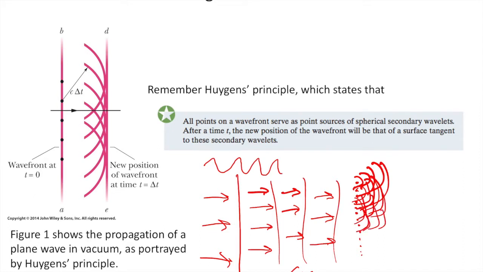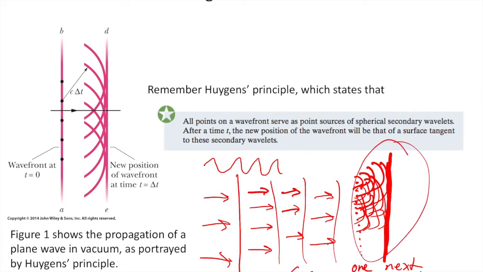And so you can basically integrate all of these circles and add together what's going on, and then you could figure out where there's a tangent line to all of those circles, and that's going to be your next crest, right? So you have one crest, and then the next crest is found by figuring out the tangent line. And of course, it should be a straight line, unlike what I'm drawing. It should match what you would expect otherwise.